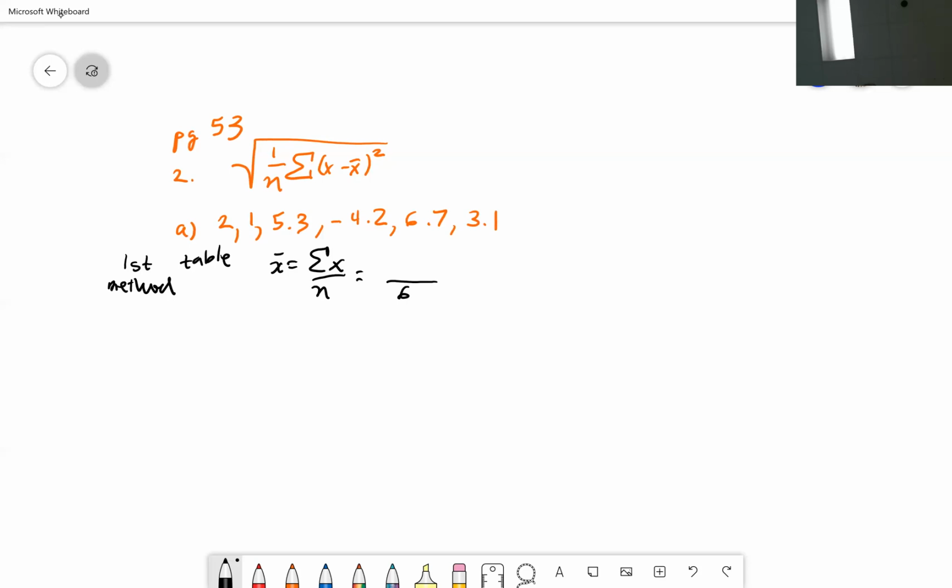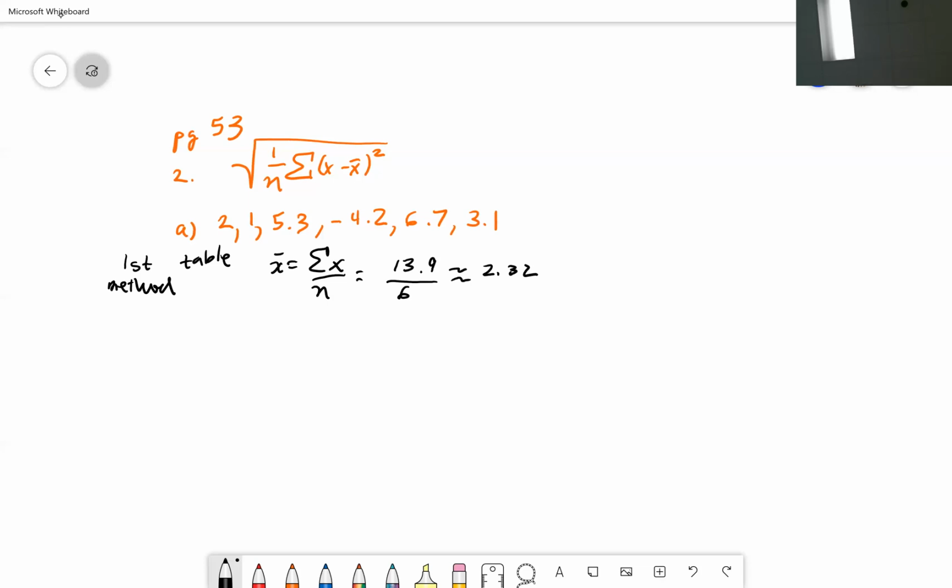Take all that and divide by 6. And so this comes out to 13.9, which is approximately 2.32. You can use 2.3, but for some reason it feels like that might be too much of a rounding.